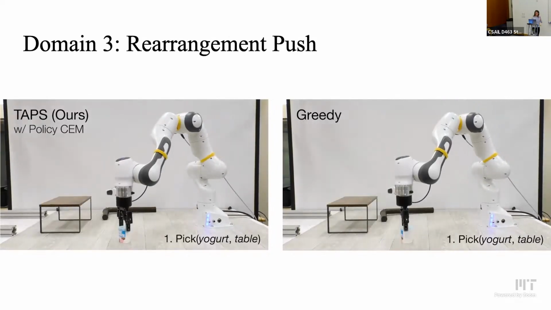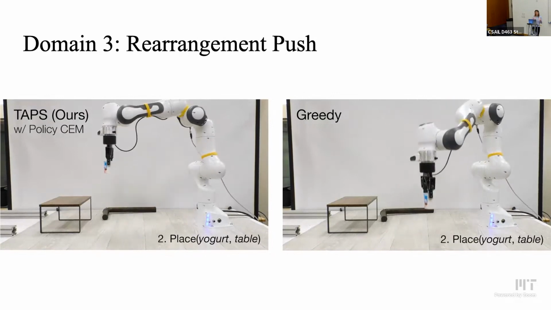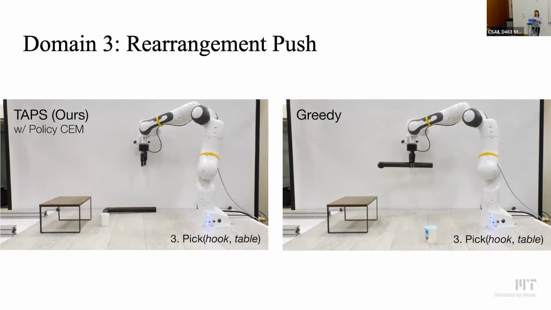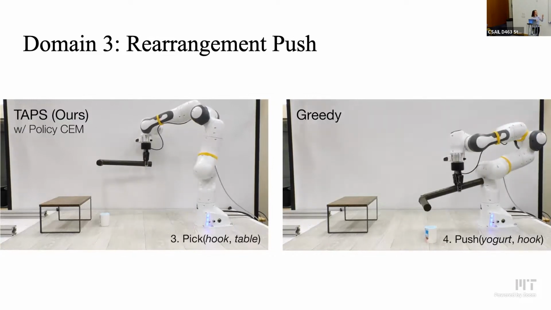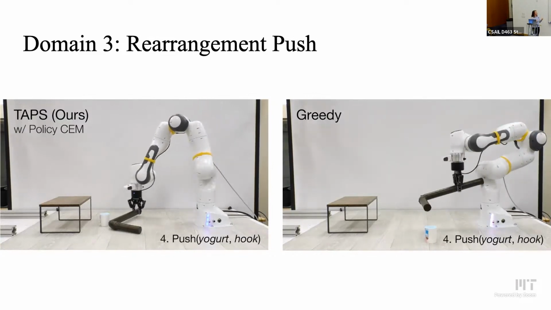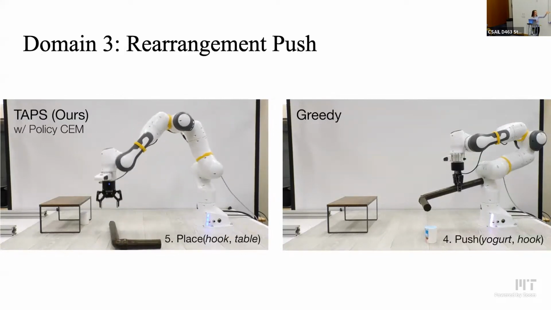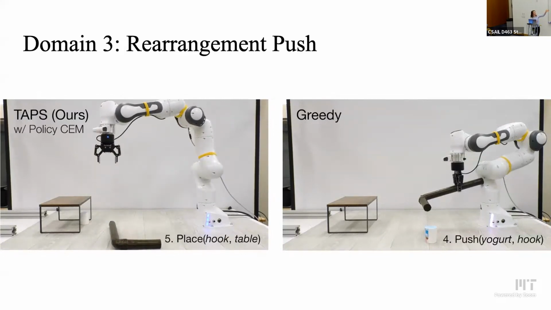Here you have this rearrangement push, where the robot needs to pick up this yogurt and place it back on the table in a way that enables pushing it under the rack. You see, for the greedy policy, it just places the yogurt somewhere random where the hook then has to collide with the robot and it doesn't work.